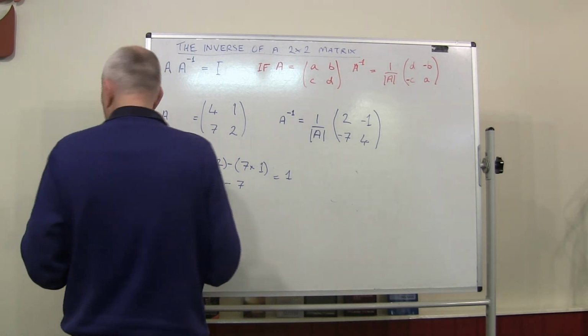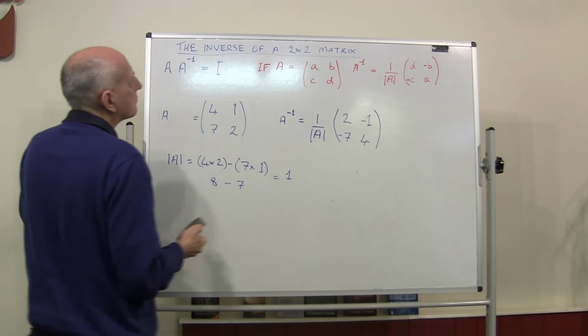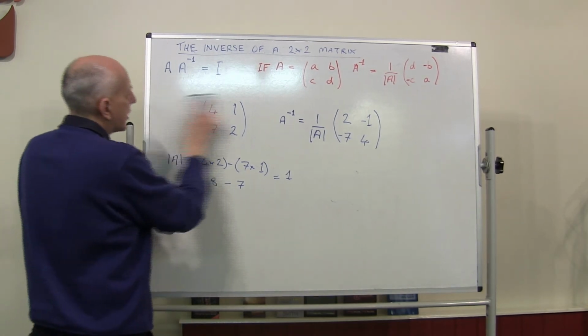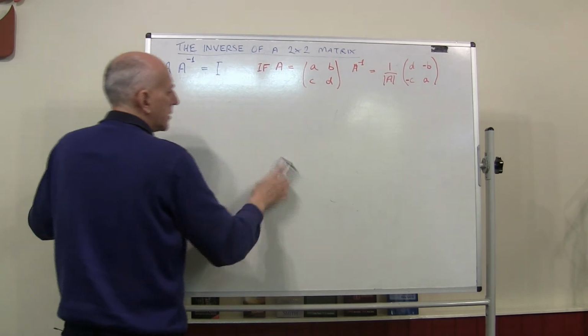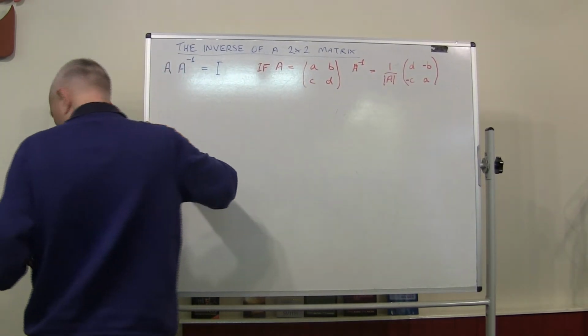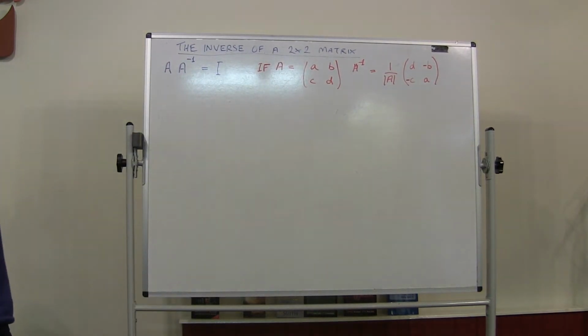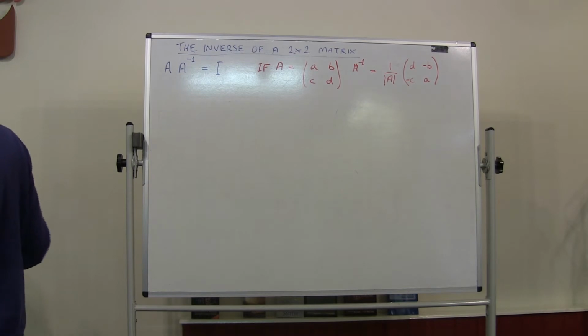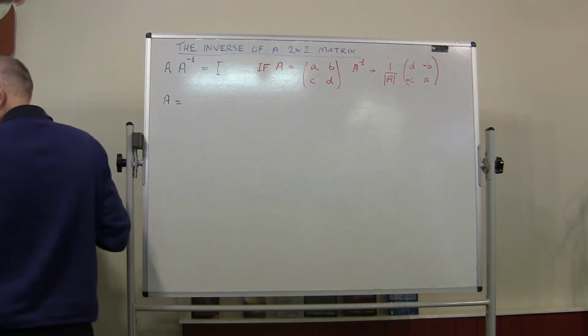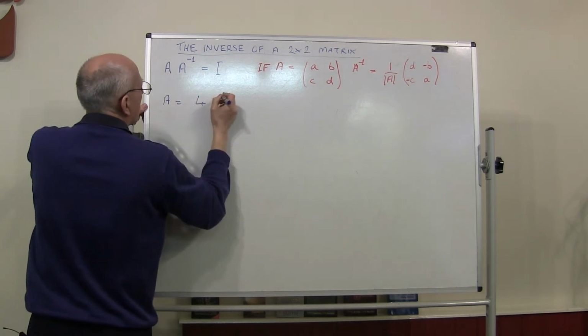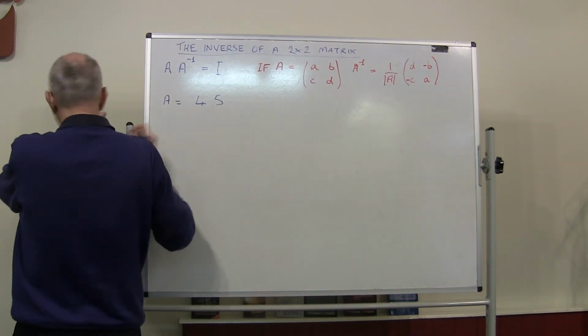So let's have a look, let's do some examples off my sheet. So for the example, A equals 4, 5, 2 and 2.